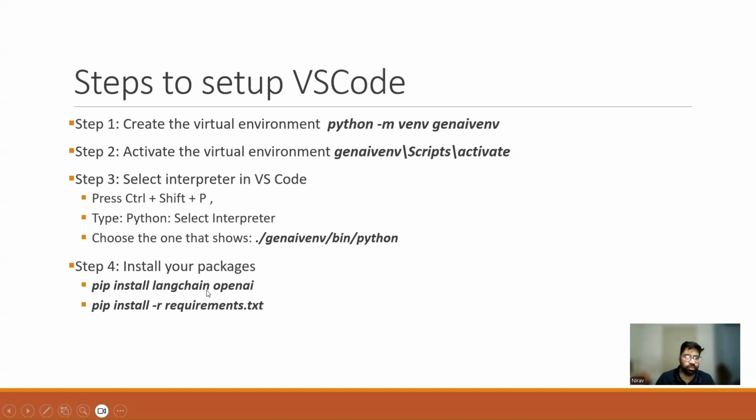You can install them separately, or you can list all the libraries in a requirements.txt file, and then write this command pip install -r requirements.txt. So this is the way VS Code is set up for running your code, right? And there are a few more things, like you need to create a .env file. You need to create, of course, a requirements.txt file.